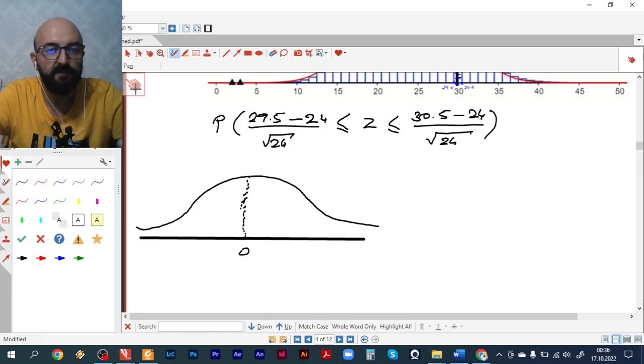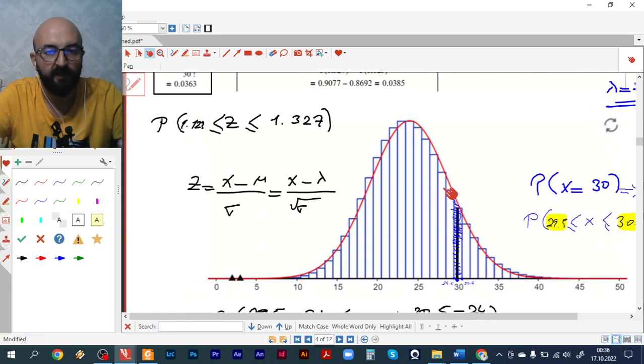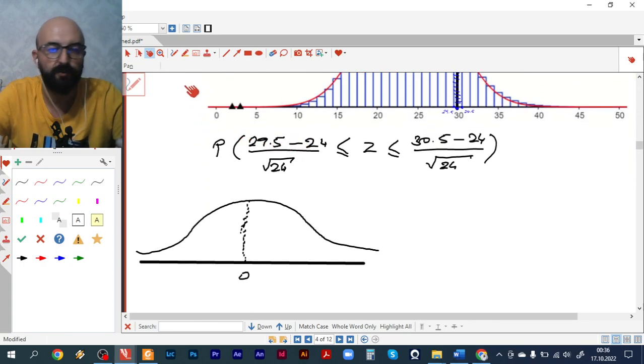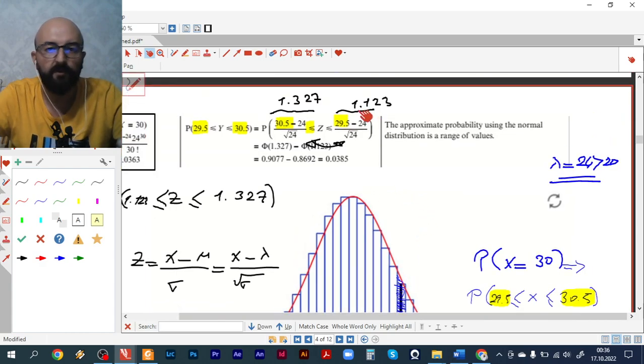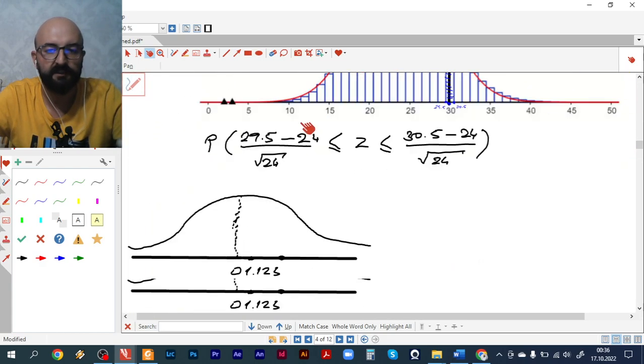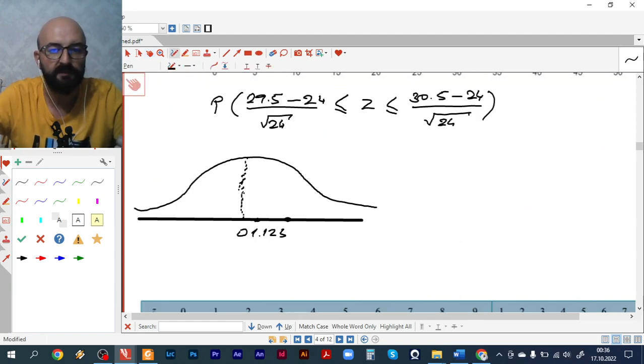We want greater than or equal to 1.123, this section, and less than or equal to 1.327.